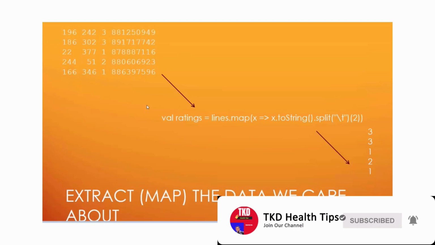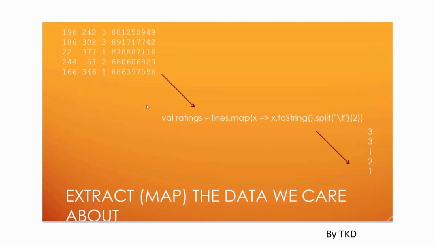So let's take a look at what's going on here. We are calling the map function to transform the lines input RDD, passing it a function.